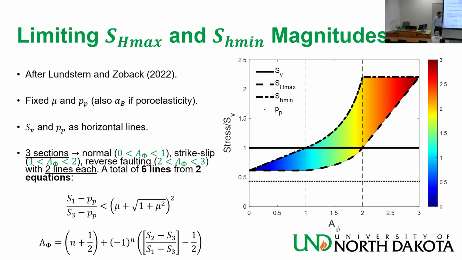If we do it now it won't change anything, because it's like you multiply a number in the numerator and denominator, so you don't need to multiply the other side. Same thing for the parentheses: S2, S3, S1, S3. You multiply and divide by SV, so it's S2 over SV minus S3 over SV, over S1 over SV minus S3 over SV. So we sort of already do that.